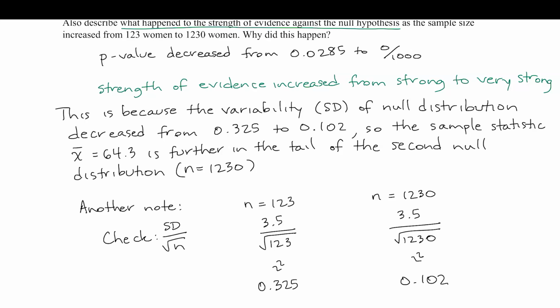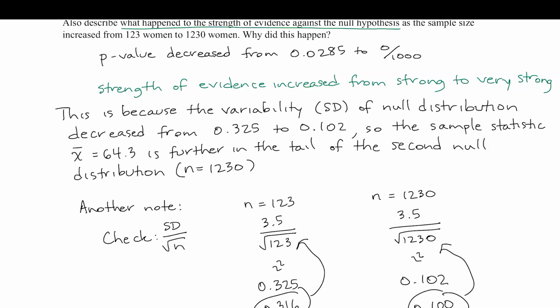So 3.5 divided by the square root of 123 gives 0.316. That's what I got doing the actual calculation. If I take 3.5 divided by the square root of 1230, I get 0.100, which is pretty close to 0.102.